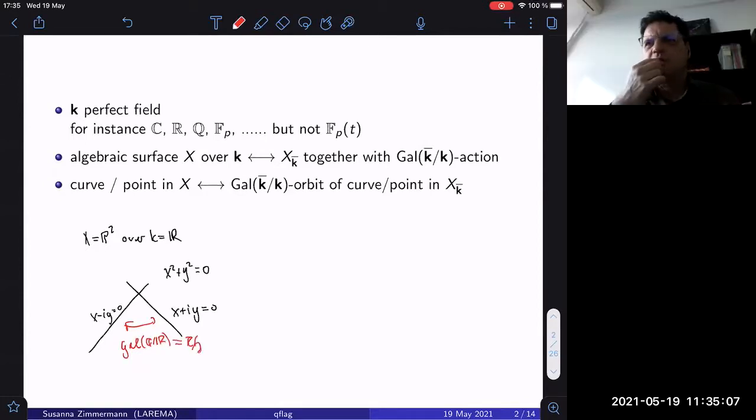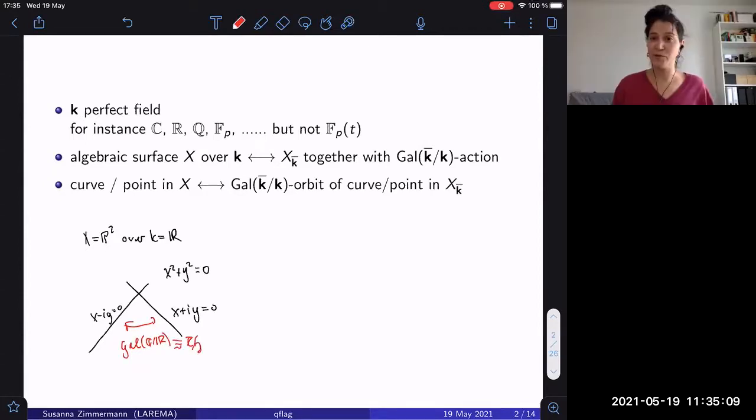Here the Galois action is given by the complex conjugation, the anti-holomorphic involution, so i goes to minus i.